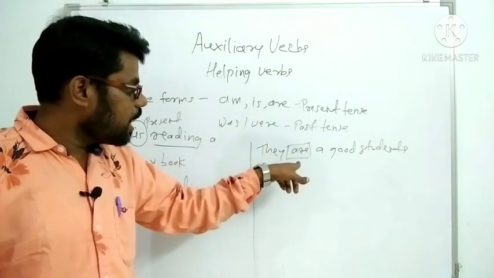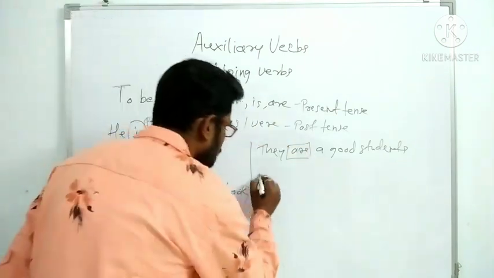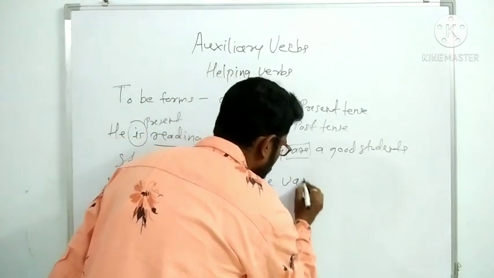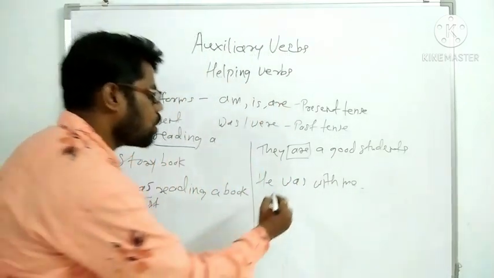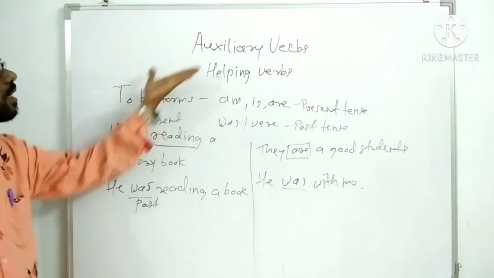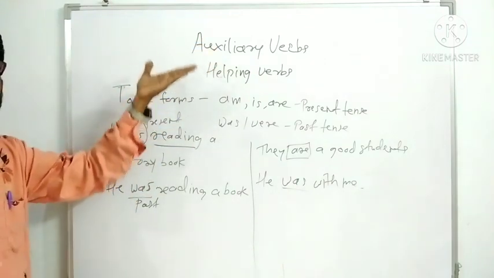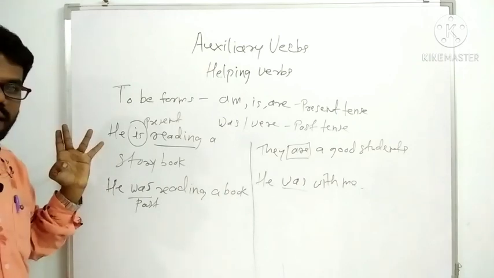Here that are is used as a main verb. Okay. Now see, he was with me. See, here was is used as a main verb, but otherwise they are used as helping verbs, as auxiliary verbs. Okay.